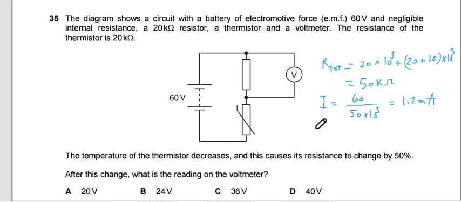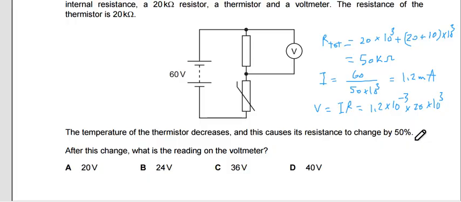We can simply find the potential across the fixed resistor by multiplying the current by its resistance. So the answer will be 24.